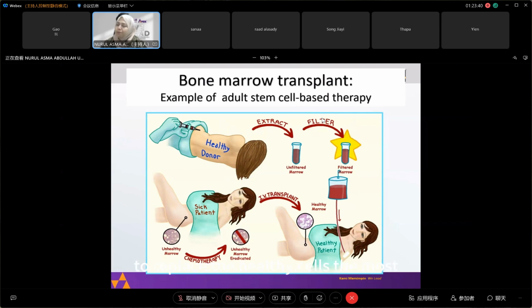Sometimes when you are sick, you cannot ask your body to regenerate cells like a healthy individual. So your body needs to recover by having a source of cells from healthy donors. The transplant from healthy donors will help the patient who underwent chemotherapy to recover faster.